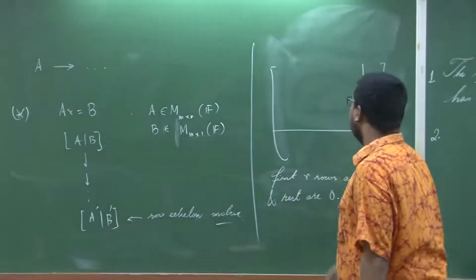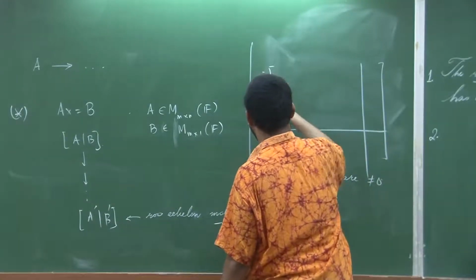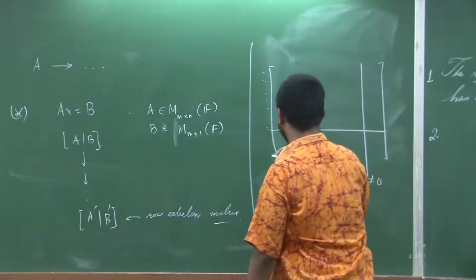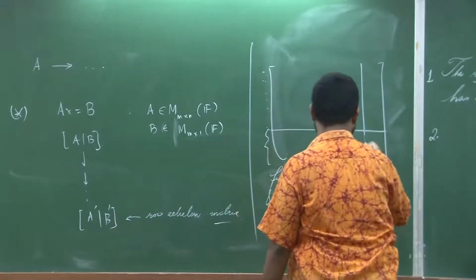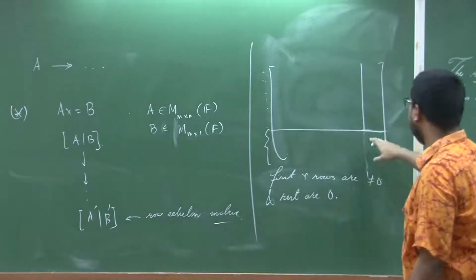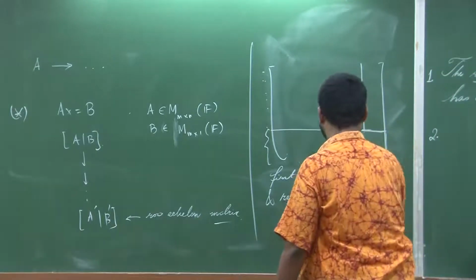So those r rows are on the top of this matrix and the 0 rows are placed at the bottom, and now our assumption is that the last column does not have a pivot. So this entire block is now 0.